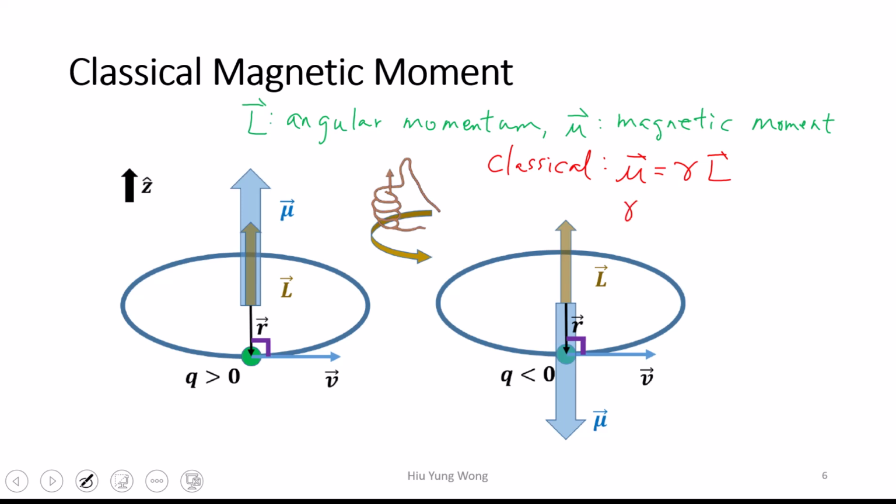And this gamma is a very important parameter, which we call the gyromagnetic ratio. Basically it says that if you have a large angular momentum, you're going to have a large magnetic moment. Okay, we accept it.